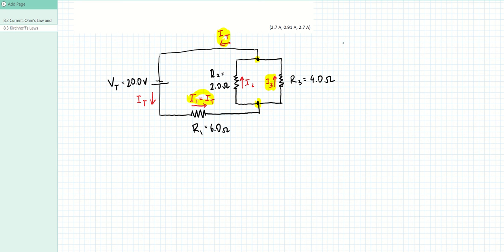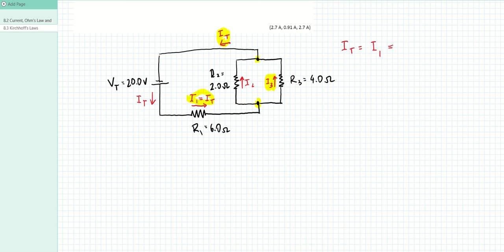That means that your I total is going to equal the I1 through resistor 1, because again these two are in series. There's only one path for the current here, so these are going to be exactly the same. And I total is up here, which is one of the parts that we need to find.